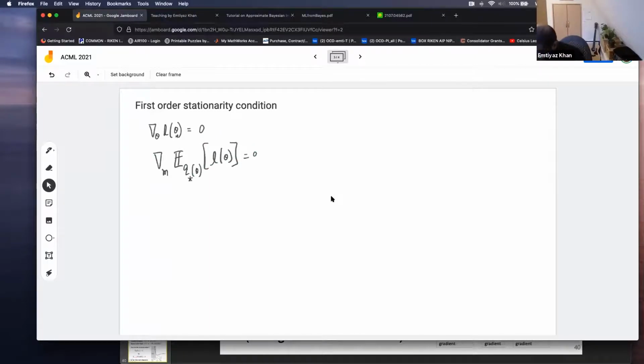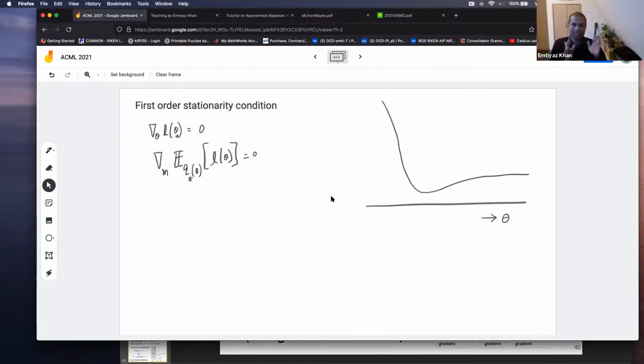Suppose you have a loss function of this nature. It's not a symmetric loss function like in the ridge regression case, but now it's asymmetric, meaning that, so this is theta, and what we are saying here is that one side of the loss is more important than the other side. This is L of theta.